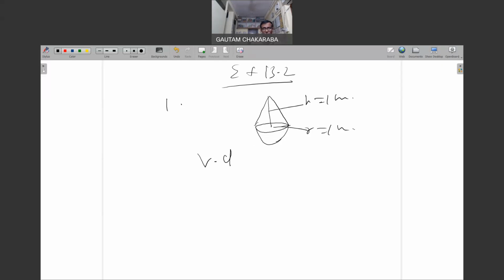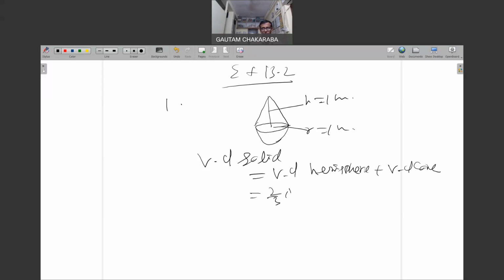The volume of solid is the volume of hemisphere plus volume of cone.